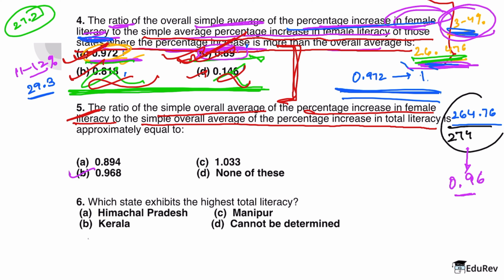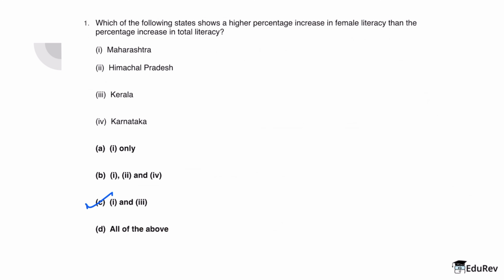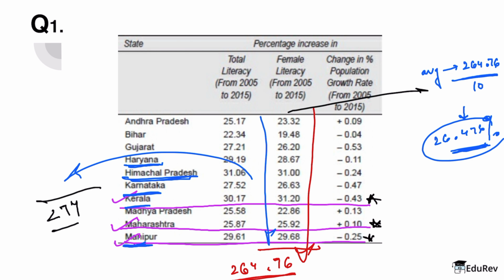Now, which state exhibits the highest total literacy? Now, we do not have any information in the table to tell us the figures of the absolute value of total literacy, correct?